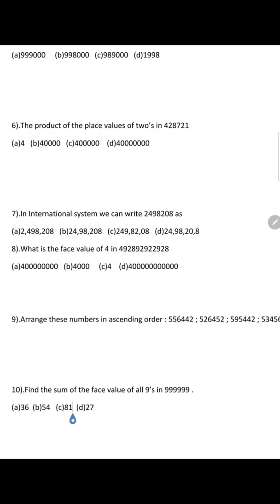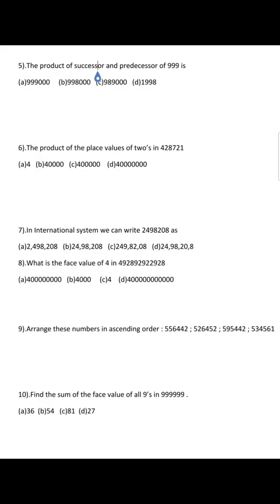The next question is, they are asking us to arrange these 4 numbers in the ascending order. So children, I told you that first you need to check the number of digits. In the first number I have 6 digits. In the second number also I have 6 digits.